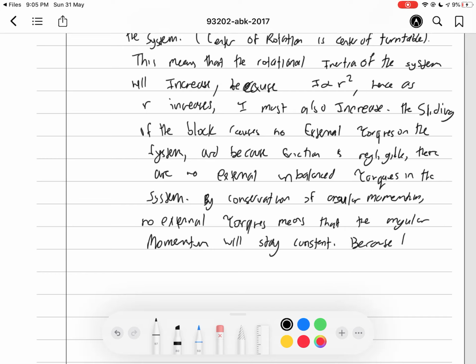Because the rotational inertia has increased, we can say the angular velocity must decrease.